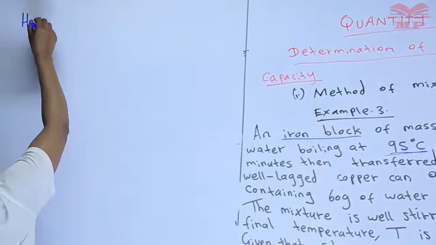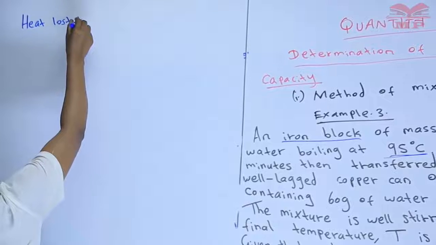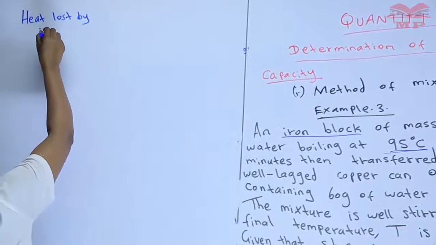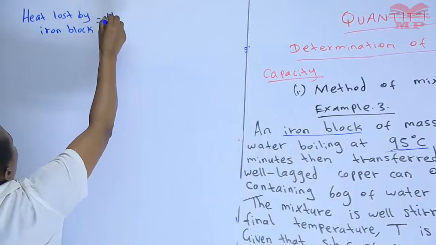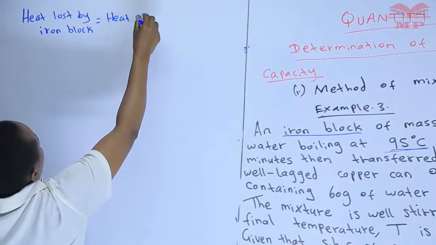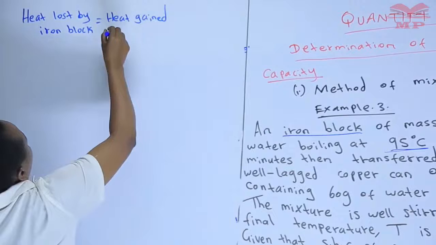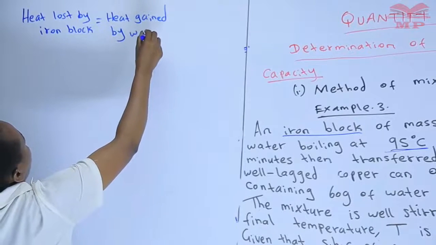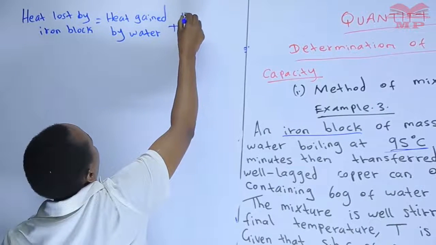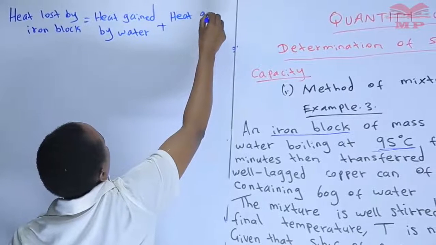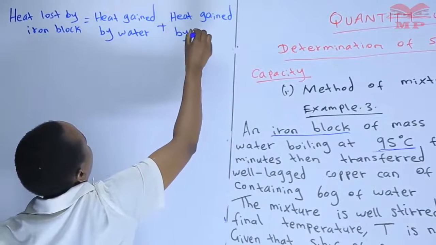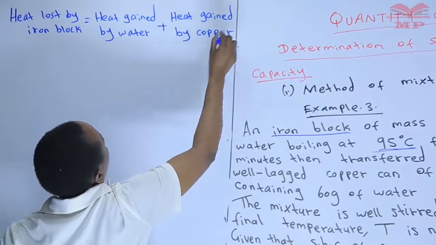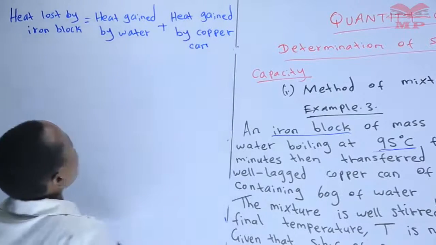So heat lost by the iron block is equal to heat gained by the water plus heat gained by the copper can. So make note of that.